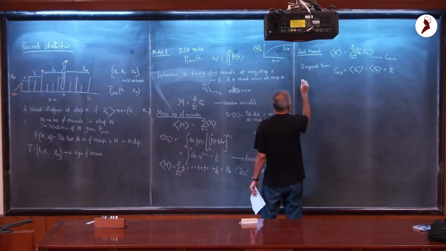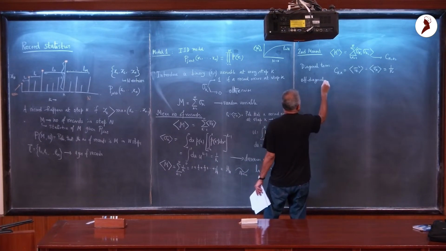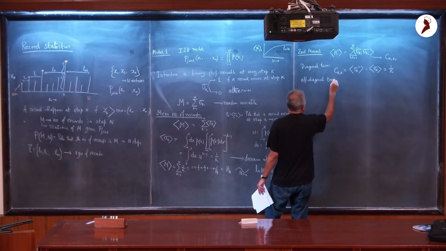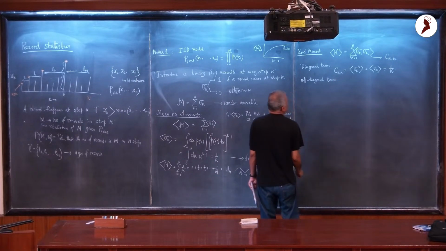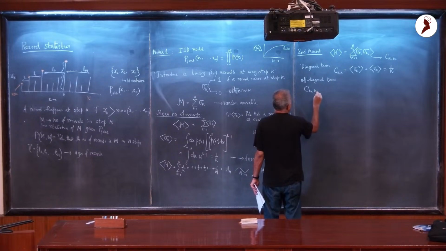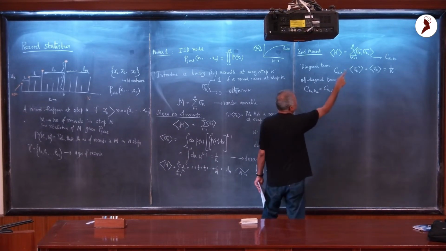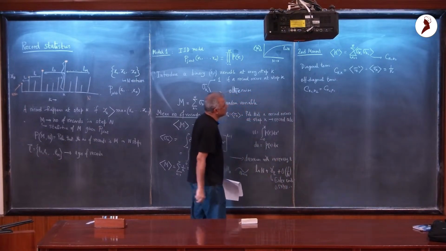But for an off-diagonal element, clearly c k1, k2 will be the same as c k2, k1, because it's just sigma k1 times sigma k2.